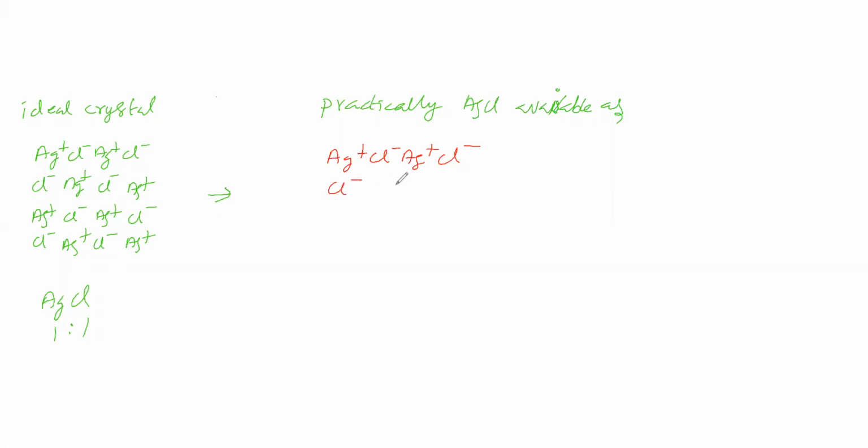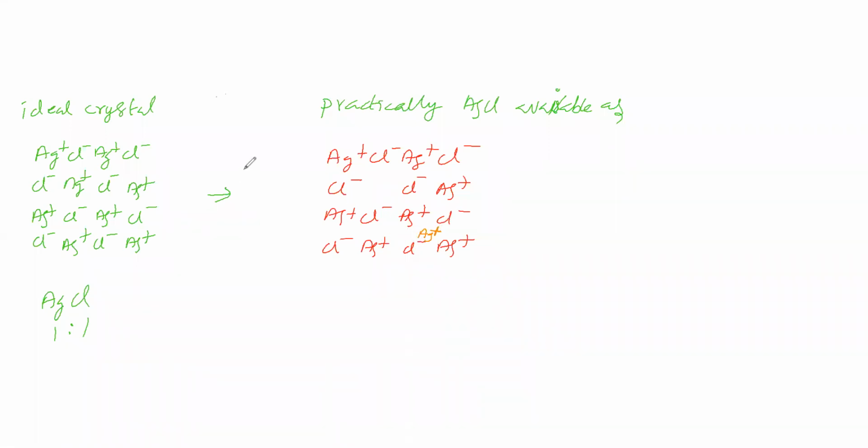Next Cl minus, Ag plus. Then Ag plus, Cl minus, Ag plus, Cl minus. Here Cl minus, Ag plus, Cl minus, Ag plus. Next, at this place Ag plus ion is present.